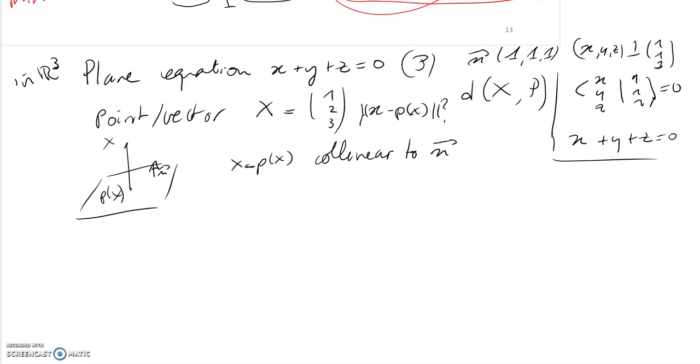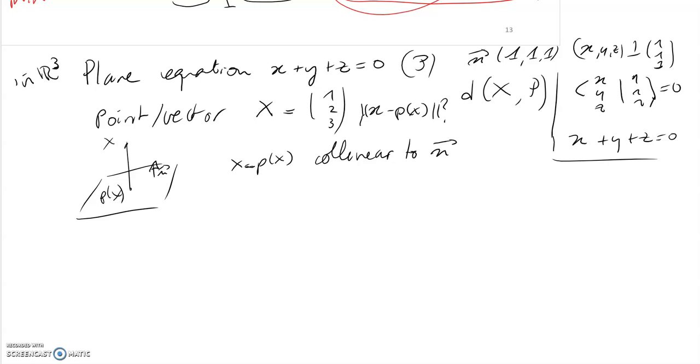So basically we need to find P of X. One way to do that, maybe you even did that in year one, is to say: I'm looking for P of X, and how can we define it? We know that X minus P of X is going to be collinear to n, the normal vector.